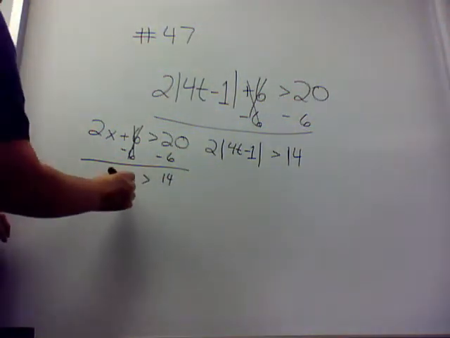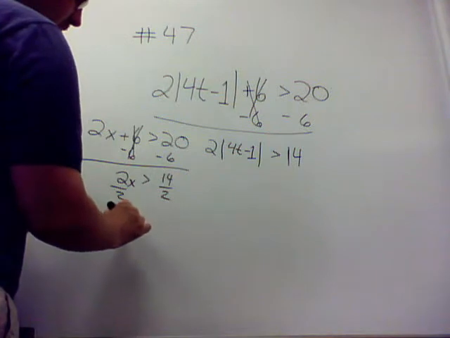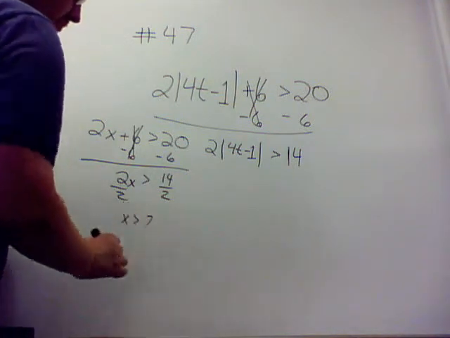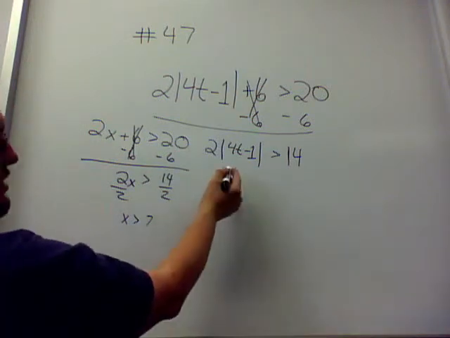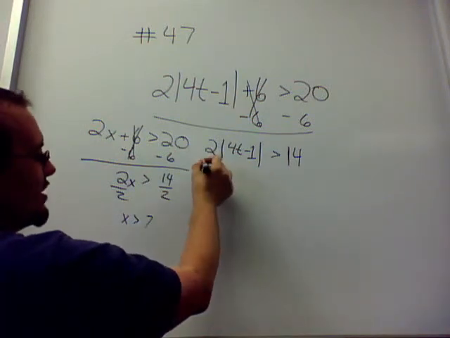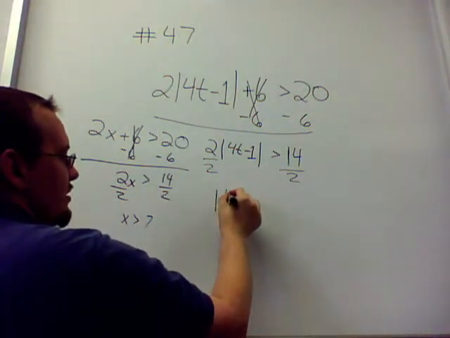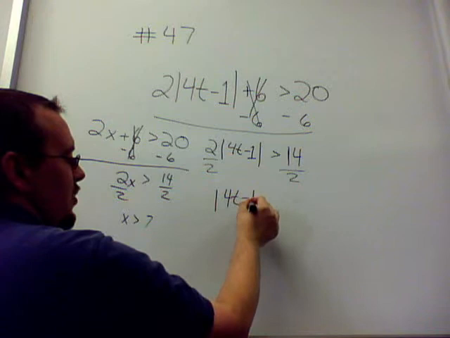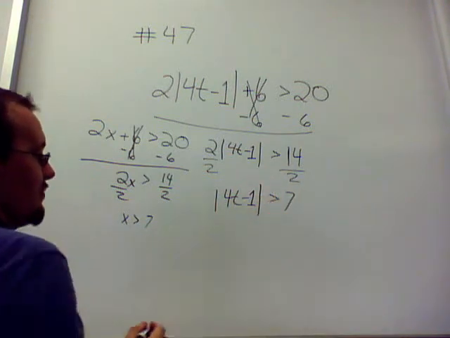All right. So we'd solve this one by dividing by 2, just like we'd solve that one. And x is greater than 7. Well, making connection to this one over here, we're going to divide by 2 on each side. That leaves us with the absolute value of 4t minus 1 is greater than 7.